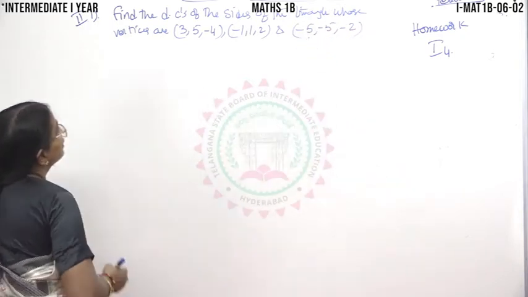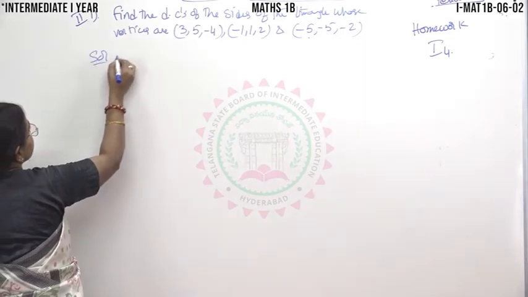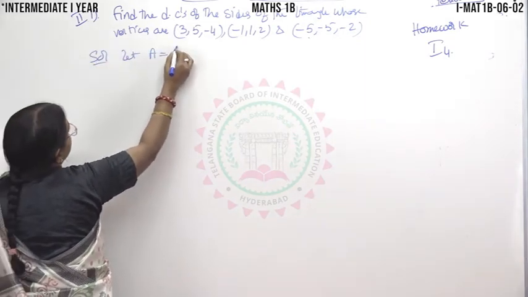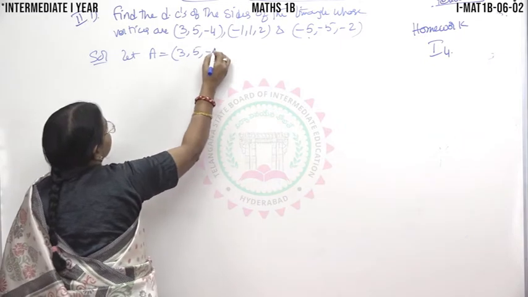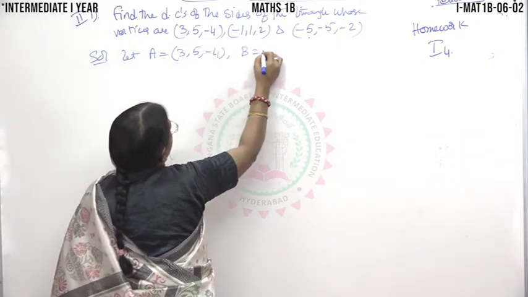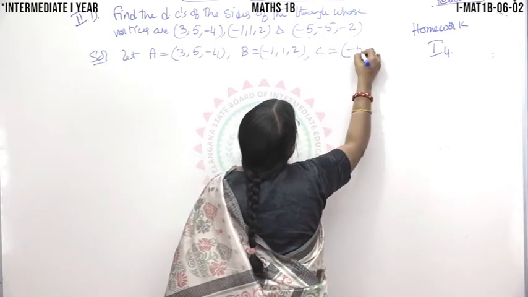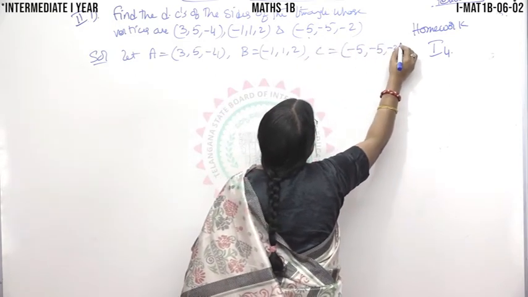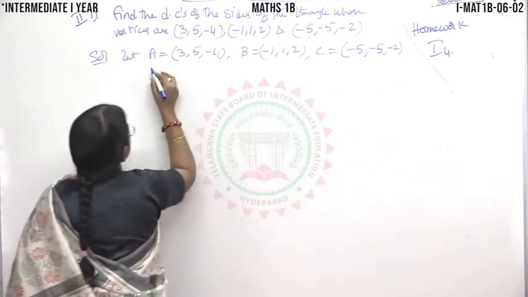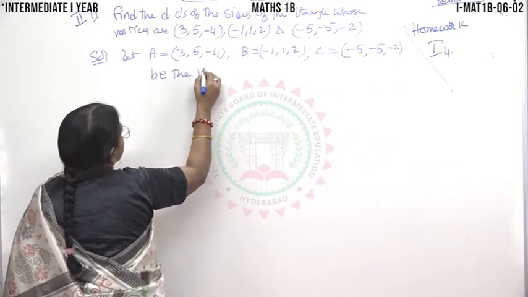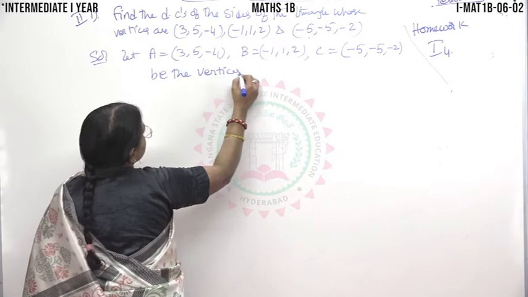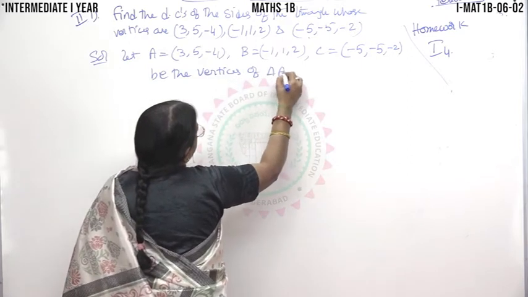So these are the vertices. We'll take them as A, B, C. So let A is equal to 3, 5, minus 4. B is equal to minus 1, 1, 2. And C is equal to minus 5, minus 5, minus 2. Be the vertices of triangle ABC.